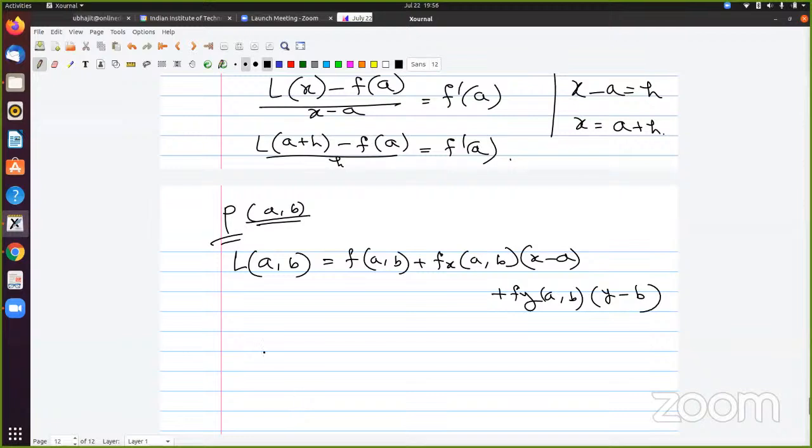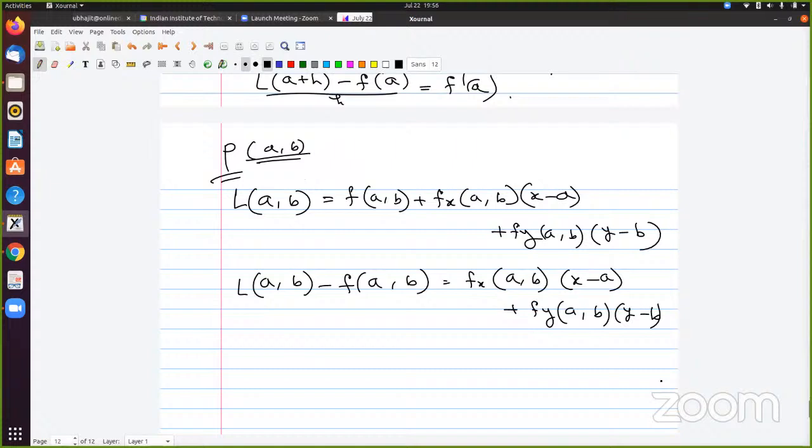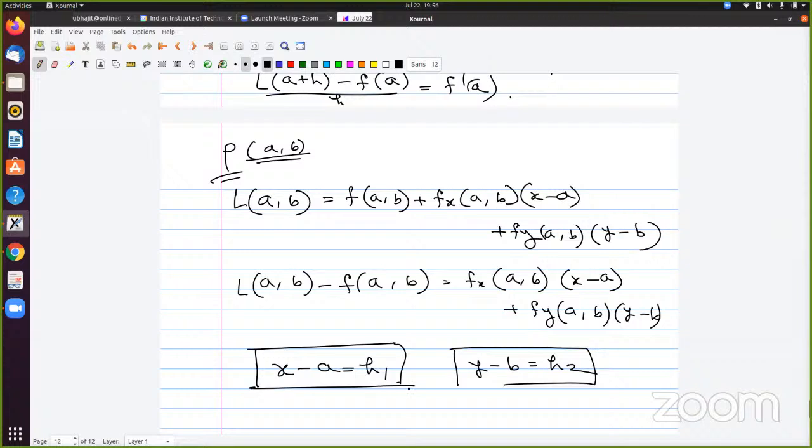Correct? Now, if I take this to the other side, this is fx at a, b plus fy at a, b times y minus b. Now again, like earlier, here are two increments: along x this is h1, along y this is h2. So x equals a plus h1, and y is b plus h2.